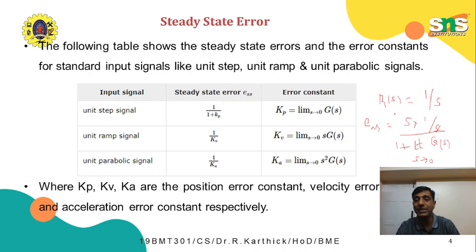So this s and this s get cancelled. The remaining thing is ESS equal to 1 divided by 1 plus.